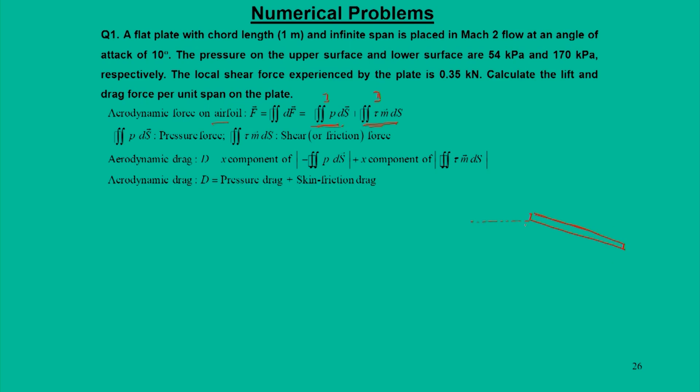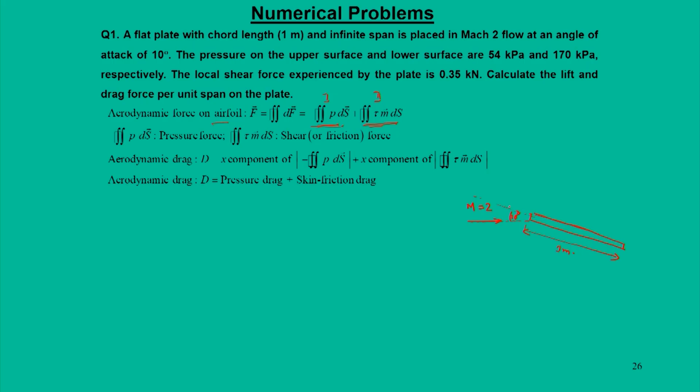It has unit span and a chord of 1 meter, and it is placed in a Mach 2 flow. That means there is some free stream hitting it at Mach 2, at an angle of attack of 10 degrees. That means the angle between the axis of the plate and the free stream direction is 10 degrees.